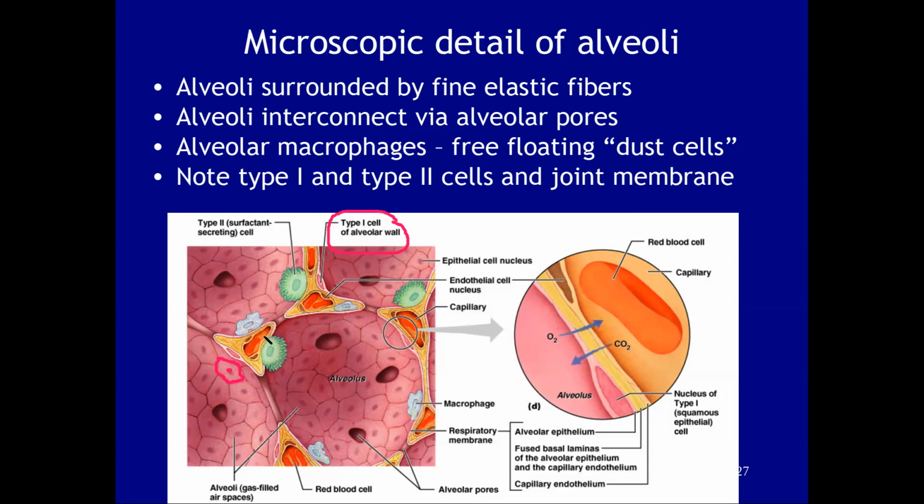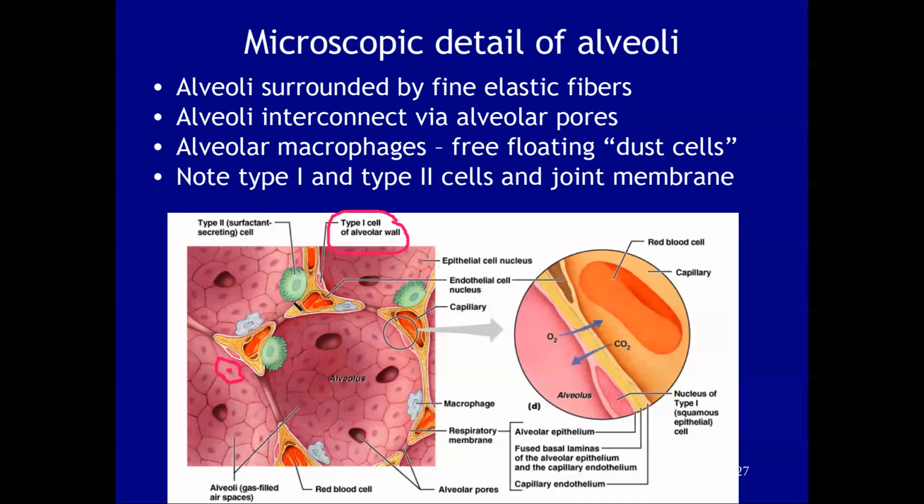The next type of cell I mentioned was your type 2 cell. And these are cuboidal cells. We also call them surfactant secreting cells. And remember what a surfactant is.